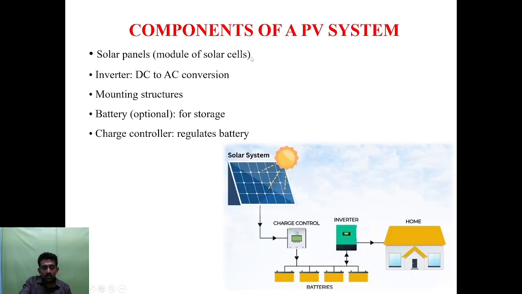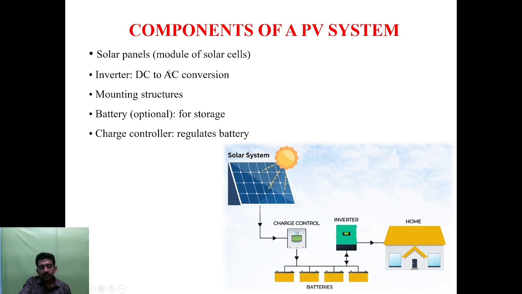So what are the basic components of a PV system? In the previous slide we saw the mechanism of the PV system, and now we see the components of the PV system. Basically it consists of solar panels, where a solar panel is a module of solar cells, and an inverter which is used to convert DC to AC, because all our home appliances are AC.